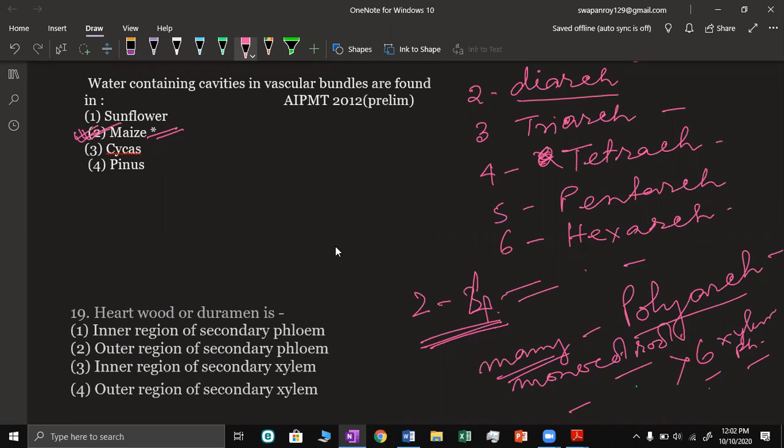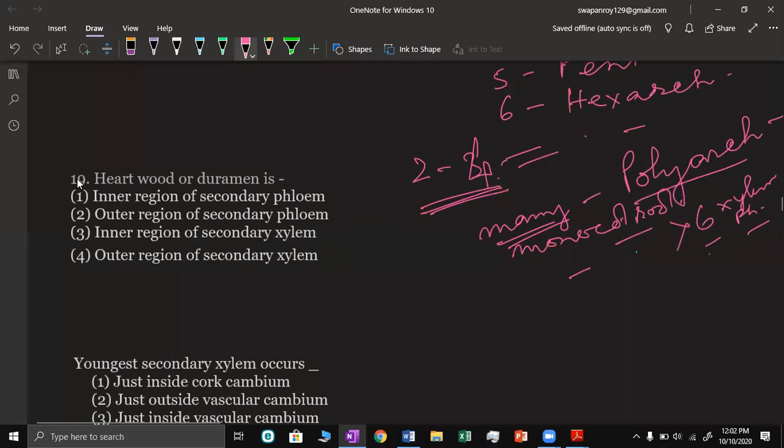Here we get the next question. This heartwood or duramen is... Yesterday I already explained what is heartwood and what is sapwood. Heartwood is also known as duramen, and sapwood is also called alburnum.